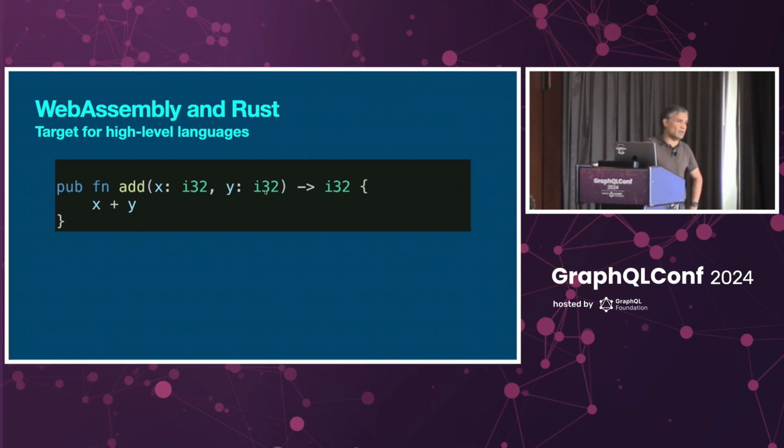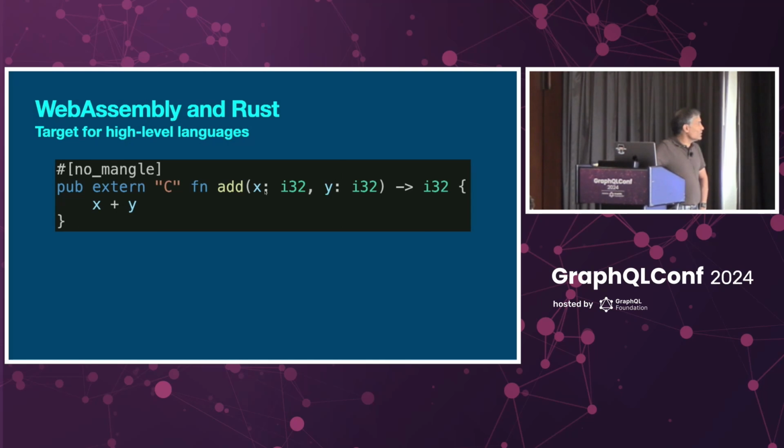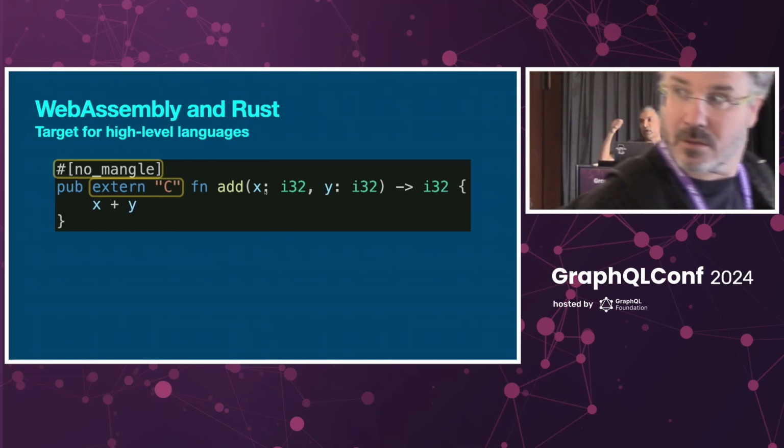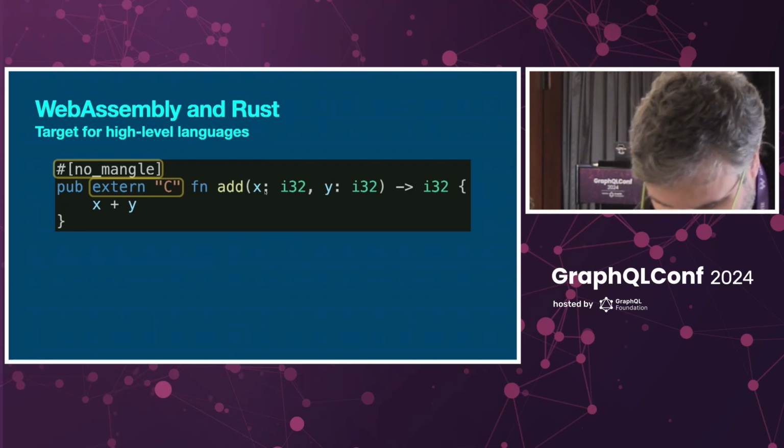If you want to make it available in a WebAssembly environment, you will make a couple of changes. One, you will mark it as extern C. That means you are exposing the function and using the C calling convention. And you are saying no mangle. That means the name add should not get changed. That means the external system can then go and look it up and execute it.